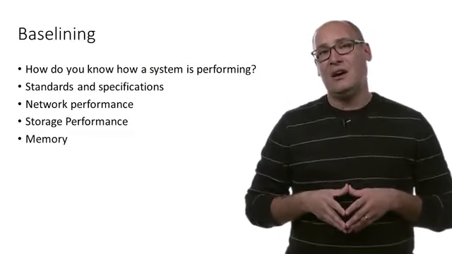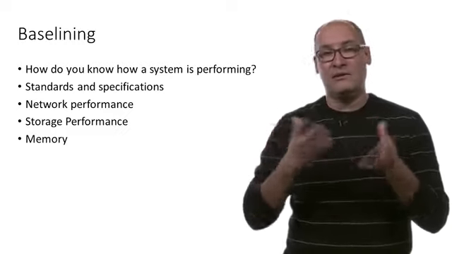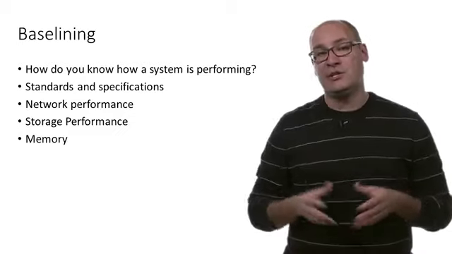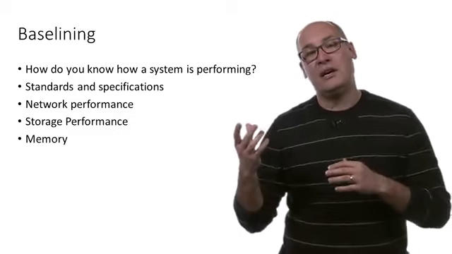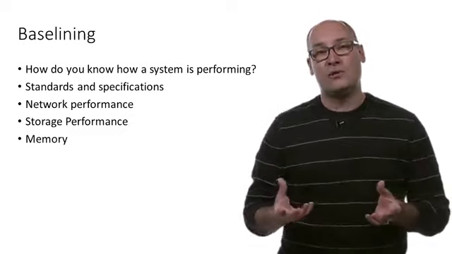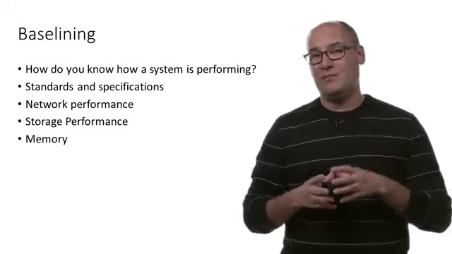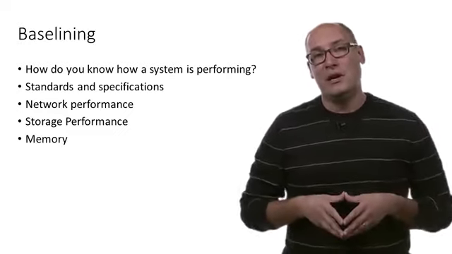Baselining takes the shape in a lot of different forms in information technology. We could baseline network performance or storage performance or capacity or, well, really all different kinds of things. Frames per second on gaming, for example, is another way we do baselining.